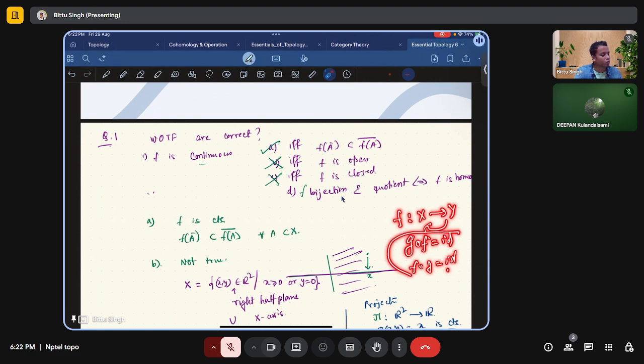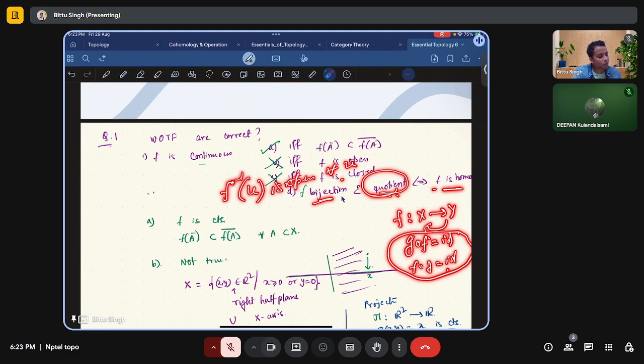So these two will imply that f is bijection. So f is homeomorphism will imply f is bijection. This is clear. Now what about quotient? f is homeomorphism. Therefore, f inverse is continuous. So f inverse U is open for all open sets U, right?